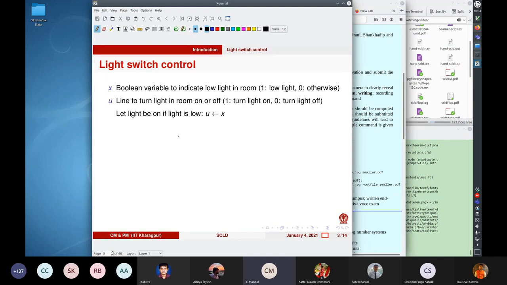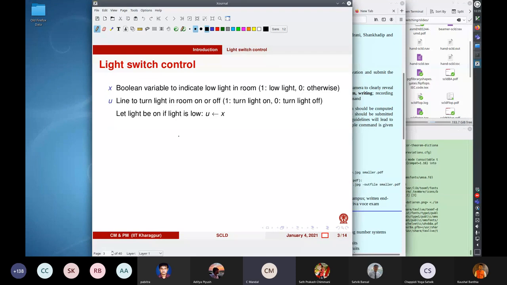But this is just to motivate you to see how we connect a simple practical requirement to a problem in digital logic. So of course you need to know whether there is adequate light in the room or not.